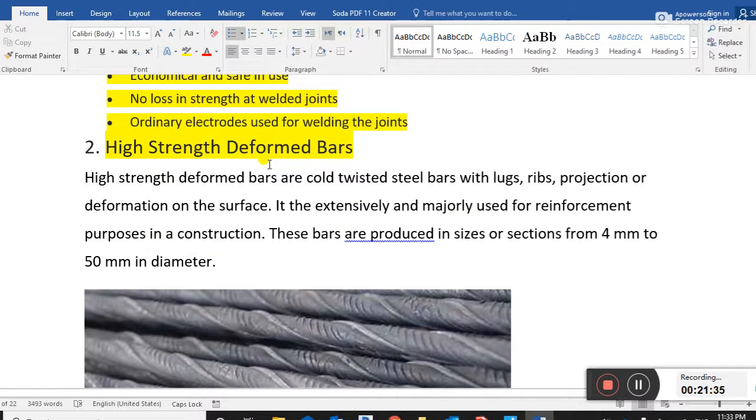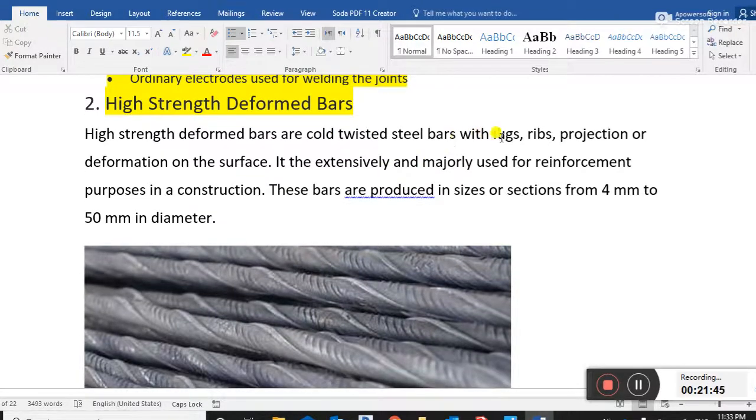Guys, high strength deformed bars are called twisted steel bars with plugs, ribs, projections or deformation on the surface. They are extensively and majorly used for reinforcement purposes in construction.